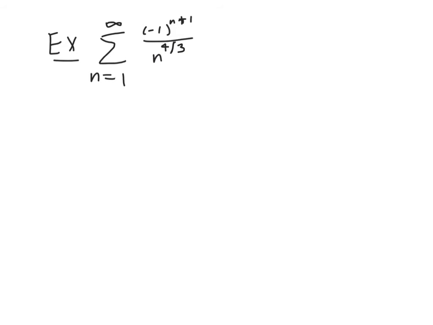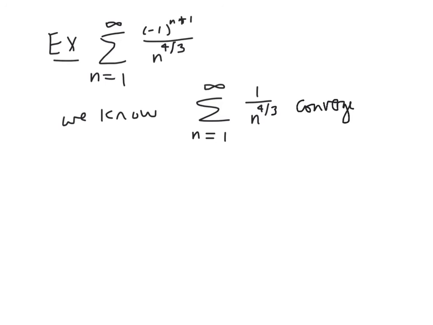Now, we know that the sum of 1 over n to the 4 thirds converges by the p-test with p equal to 4 thirds, which is bigger than 1.